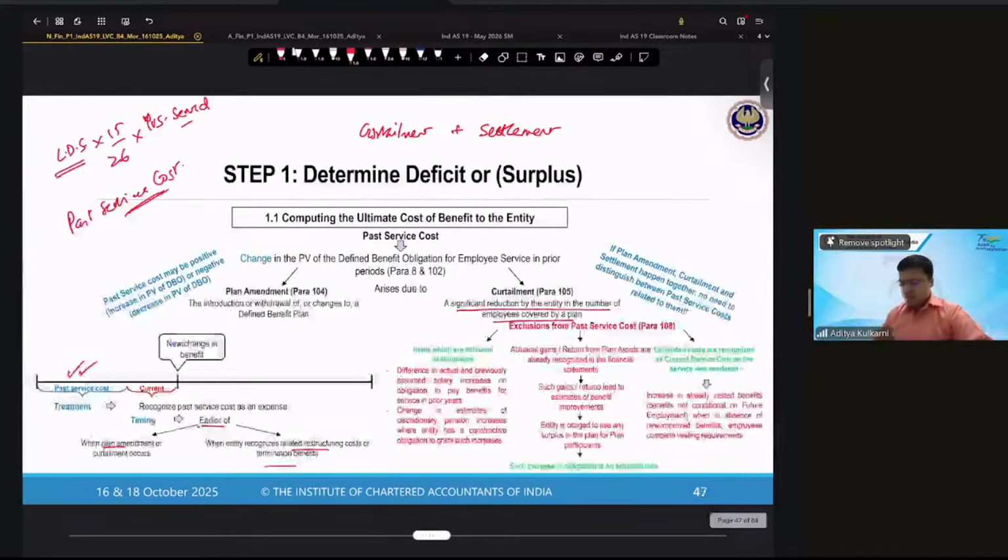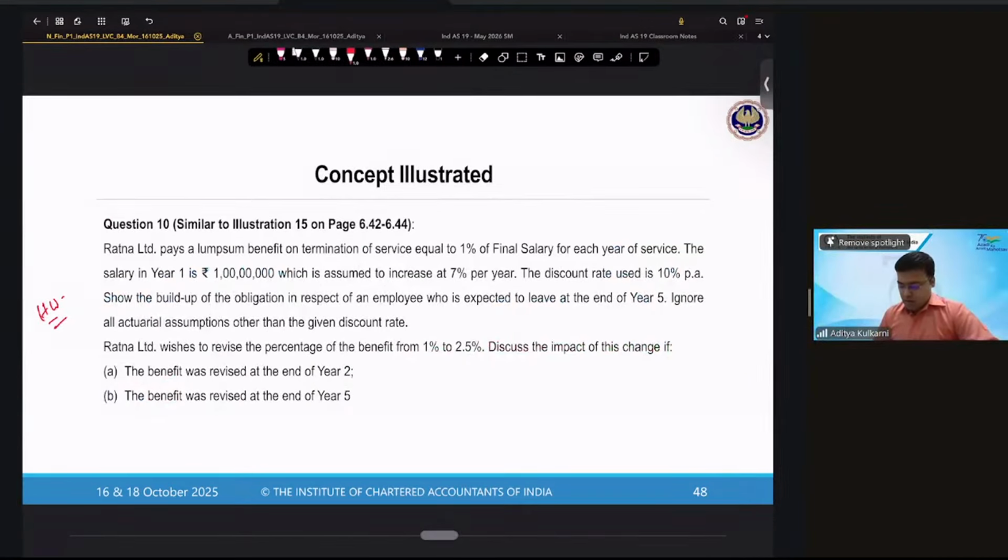So now we come to the next one. I had introduced a question in the previous class on similar lines. The point is we need to understand the concept. When I have a question that traces you through the concept, it gives you ease of understanding.